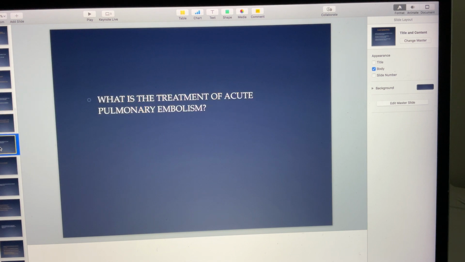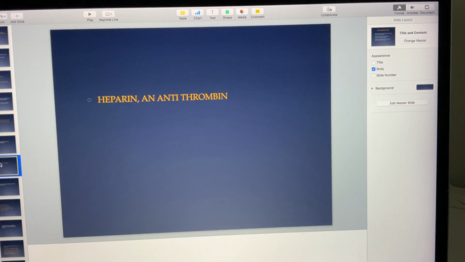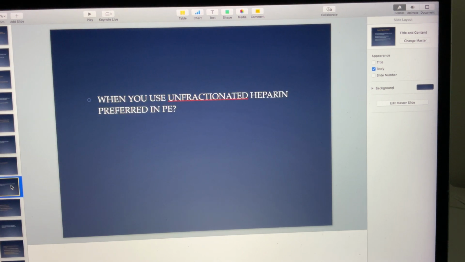All right, next question. What is the treatment of acute pulmonary embolism? And the answer is heparin. Heparin is your antithrombin. Next question: when do you use unfractionated heparin in a patient with PE?